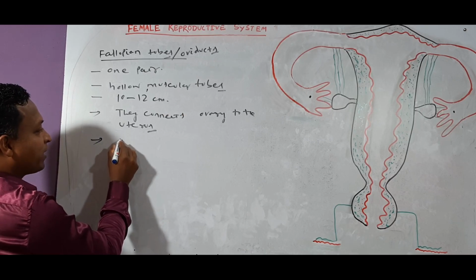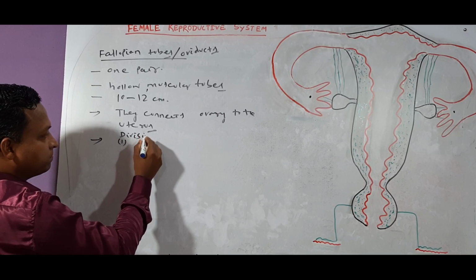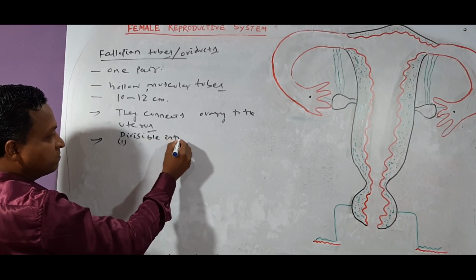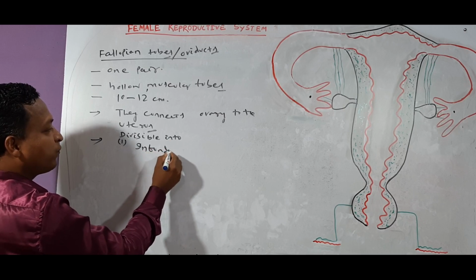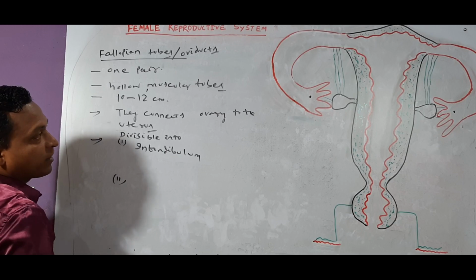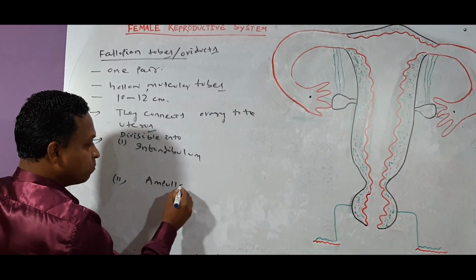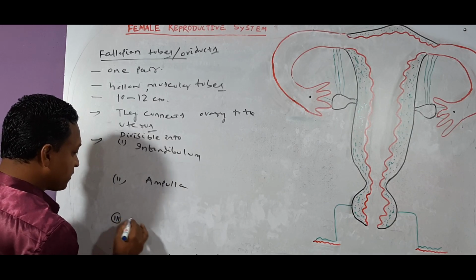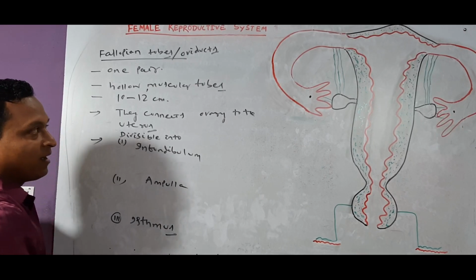The first one is infundibulum. The second part is called ampulla. And the third part is called isthmus.